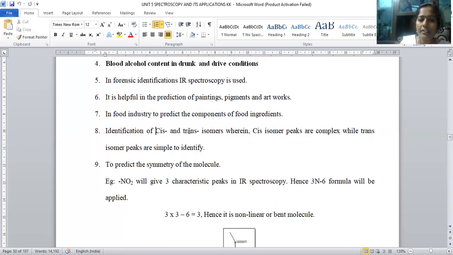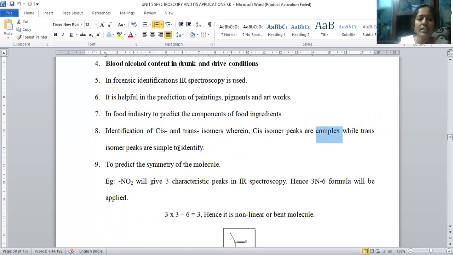And next, this is also an important research requirement: distinction between cis and trans geometrical isomers. In the case of the cis isomer, the infrared peaks will be highly complex in nature.